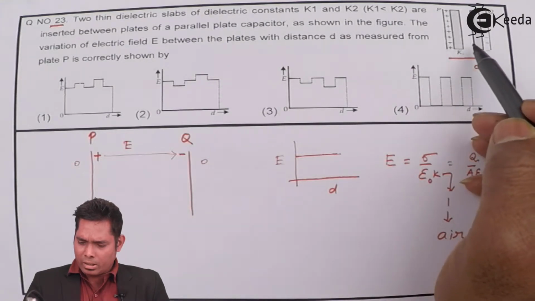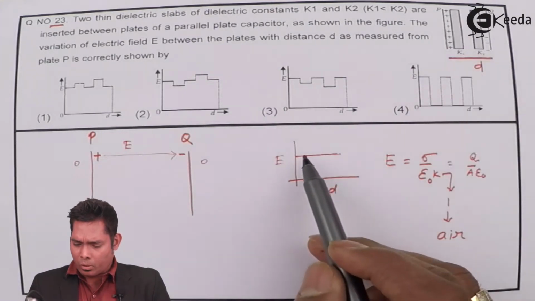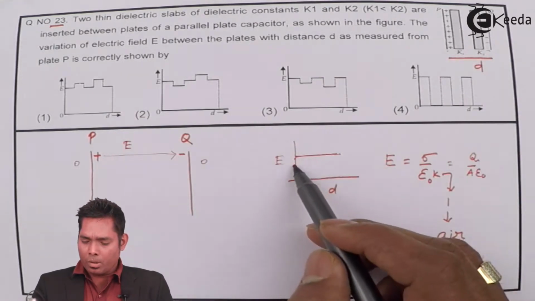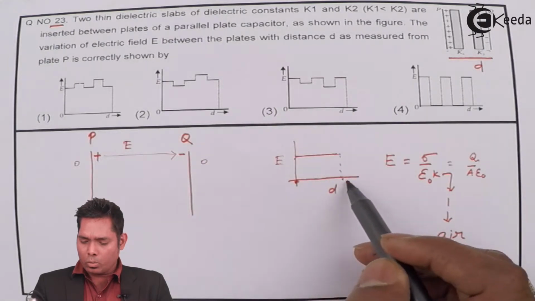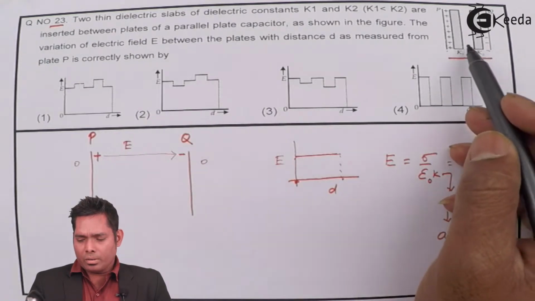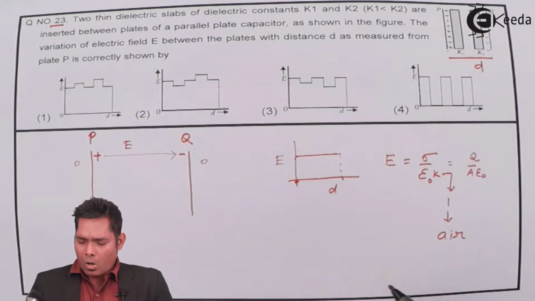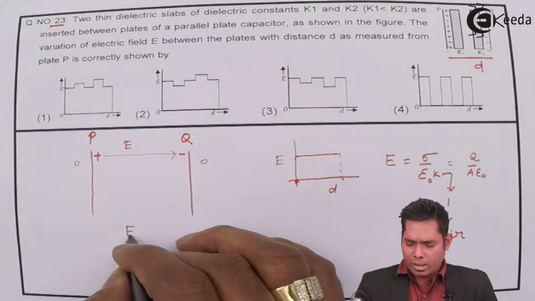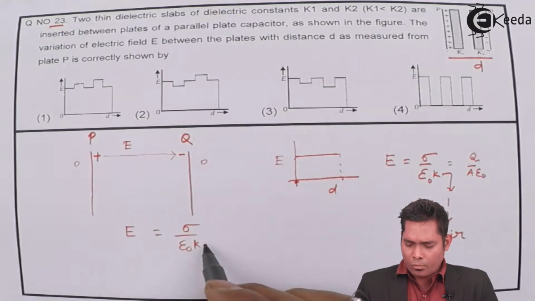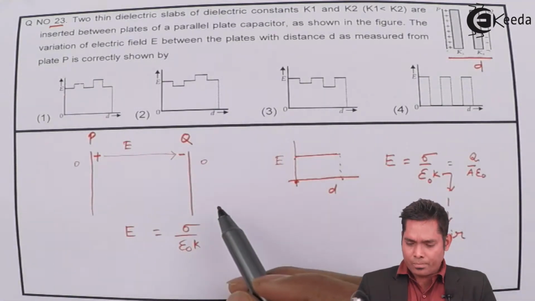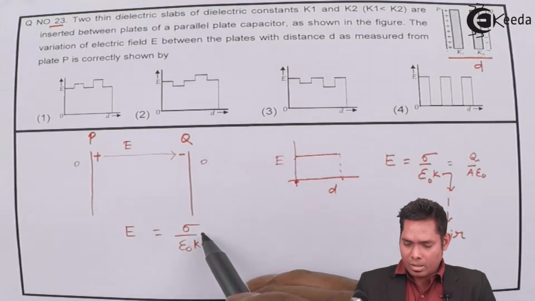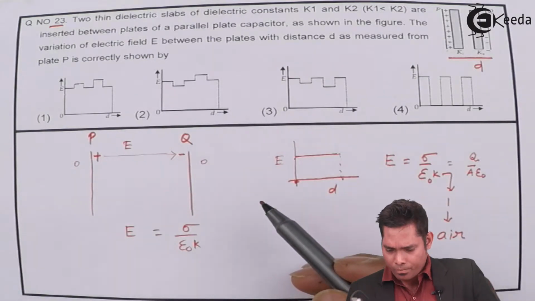So in this situation, the electric field will not be a constant as you move from point P to point Q, because of the presence of K. As I told you, the E formula is sigma over epsilon naught K. So we have three situations actually. First is air. And then K1 and K2.